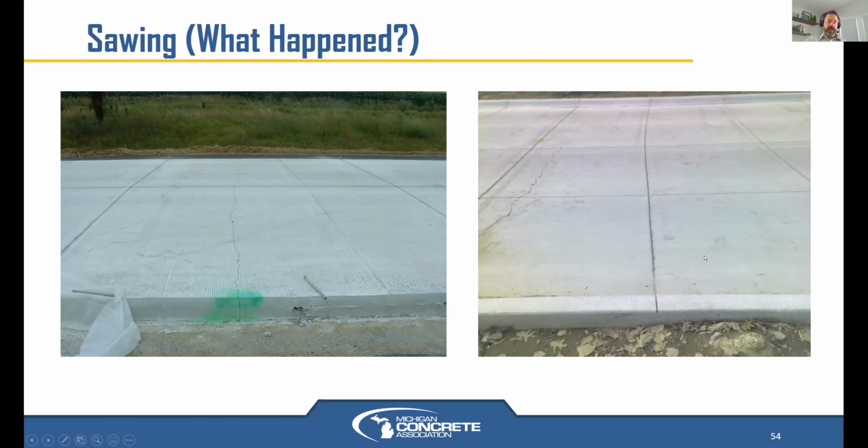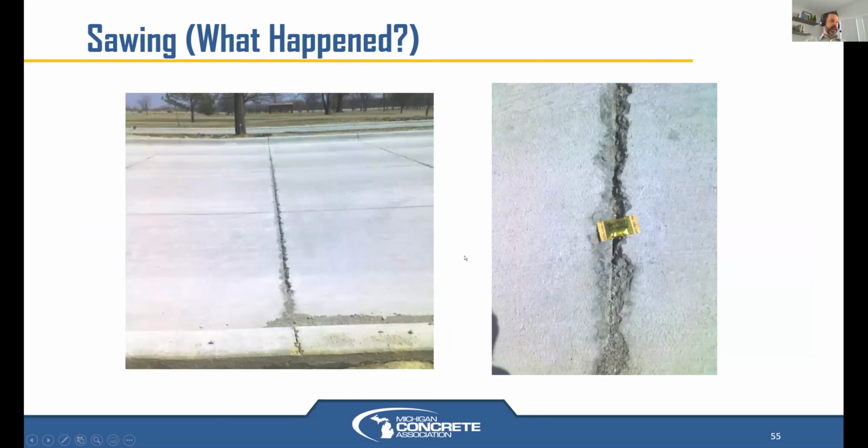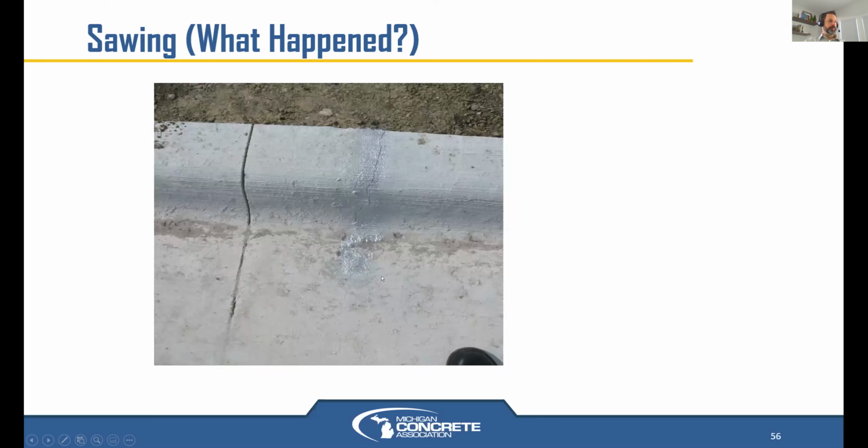So there's a lot of different ways to hopefully counteract that. Here's one where they were way too early in the window and that saw caused that raveling. Instead of cutting through the concrete, the saw blade ripped the aggregates out of that freshly placed slab. So too early in the window. Again, same type of things could have been done that we just talked about.